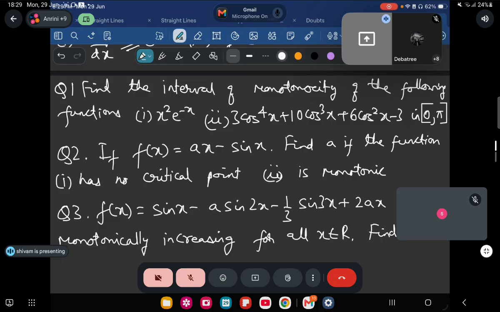Okay, so some people have sent the answer. Let me check. Okay, Sarthak, when I'm writing interval of monotonicity, that means you have to write where it is increasing, where it is decreasing.